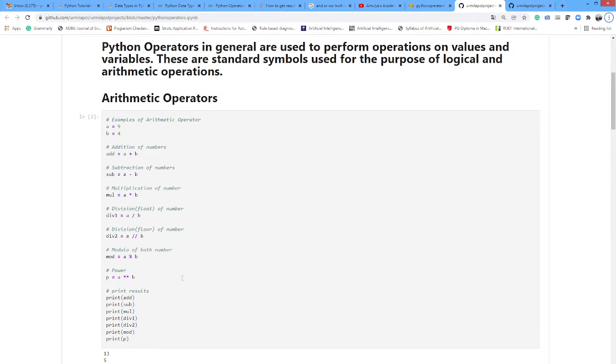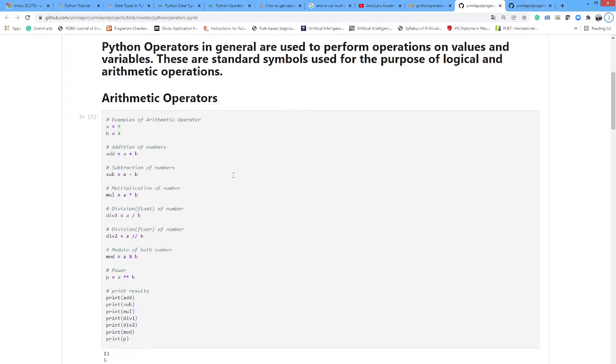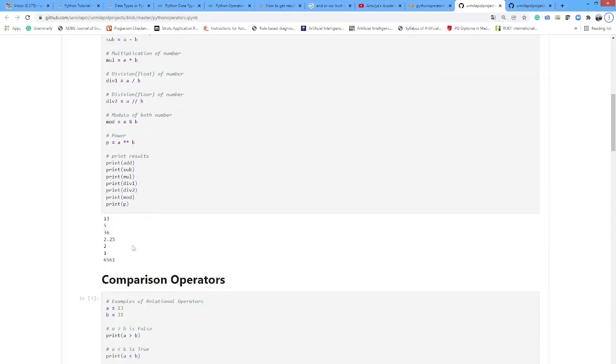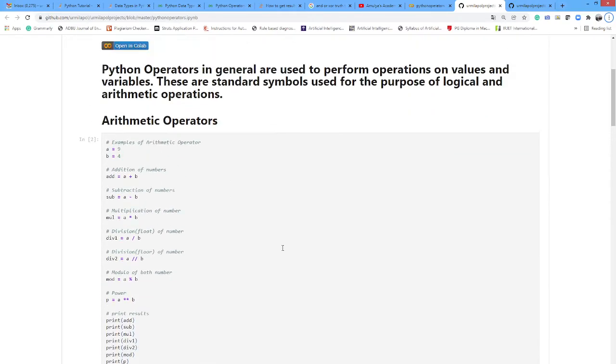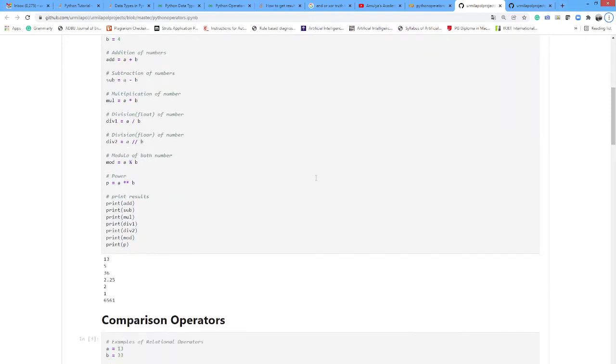Then a raised to power b, where a is equal to 9, 9 raised to 4 is equal to 6561. Like that we can use these operators in Python.